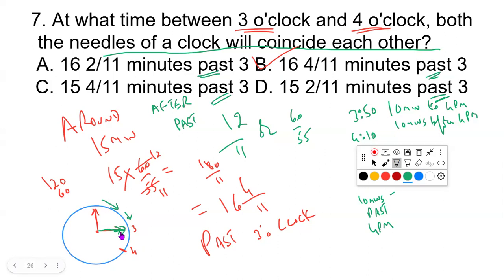But in a normal clock, it doesn't happen like that. When the minute hand is moving by 15 minutes, what happens to the hour hand? It would have given a small tick. And now the coincidence will happen like this. That is the reason why we took around 15 minutes multiplied by 60 by 55, and whatever you are getting, that is going to be your answer, and it is after 3 o'clock. After and past are the same.